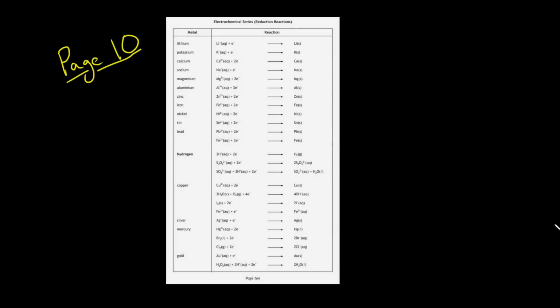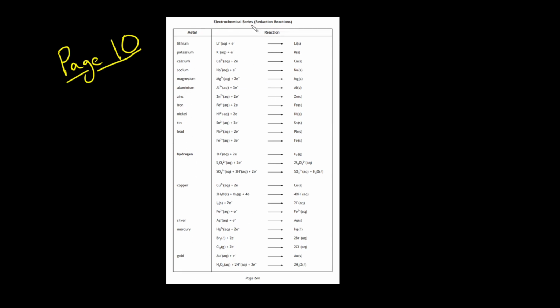Now, you are all very familiar with the data booklet, and you've probably, when you're leafing through it, seen this page before. It's the very last page, page number 10, and we have this, I suppose it's like a league table of different metals, with our most reactive metals at the top and our least reactive metals at the bottom.